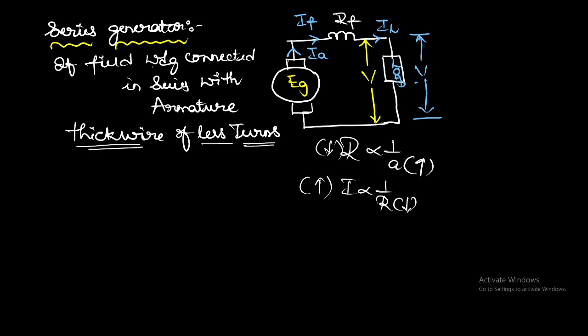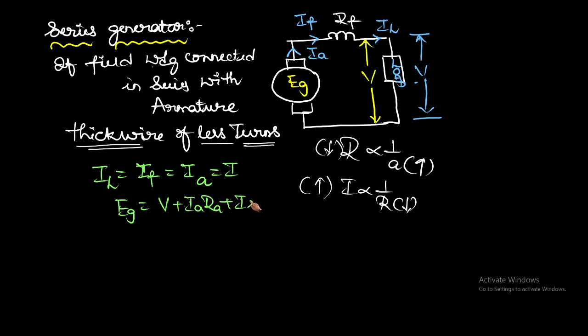Next, in the equations of this series generator, the load current and the series field current, which I represent as IF, are equal to the armature current. All these three currents, let us take it as I, are equal because they are all connected in series. The EMF generated is EG equals V plus IA RA plus ISE RSE.